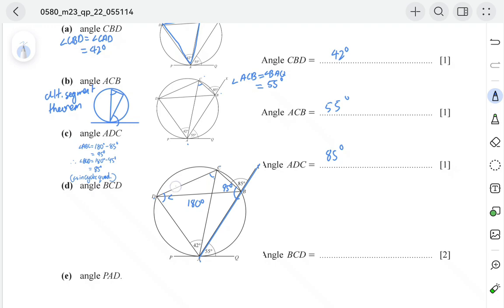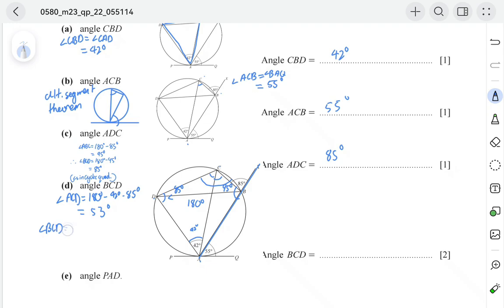We know that this angle is 85 degrees, and this angle here is 42 degrees. This makes up a triangle, so angle ACD is equal to 180 degrees minus 42 degrees and minus 85 degrees, which is equal to 53 degrees. We already know ACB, so we can add that to ACD to find angle BCD.